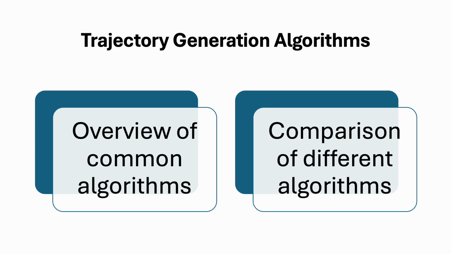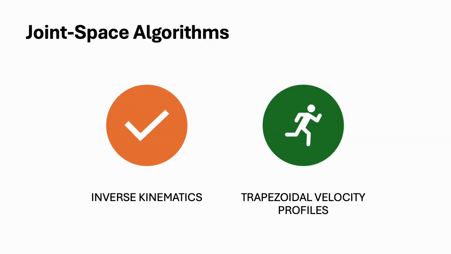Common techniques include polynomial interpolation, as we discussed earlier, spline-based methods, and numerical optimization, each tailored to specific applications and environmental conditions. Joint space algorithms are inverse kinematics and trapezoidal velocity profiles. I suggest you look into Google Scholar in more depth to learn more about these two.